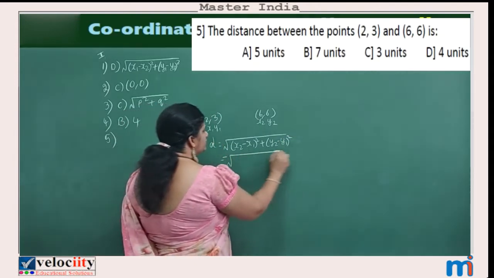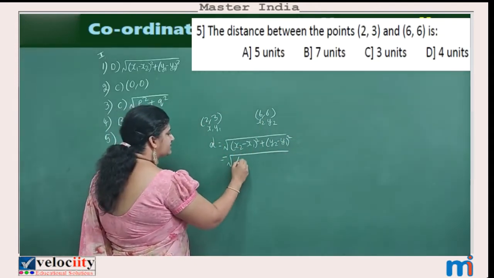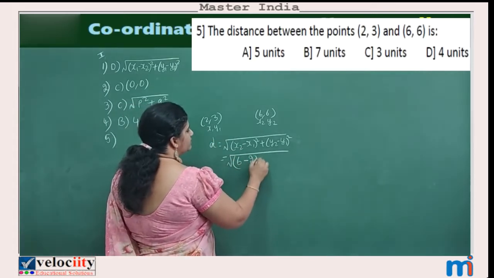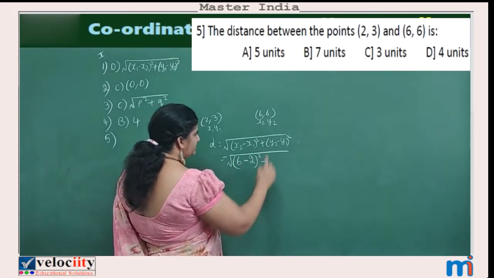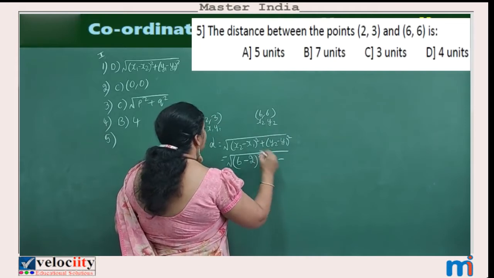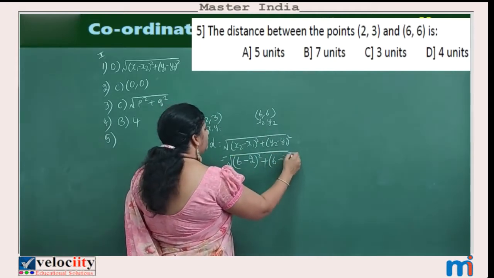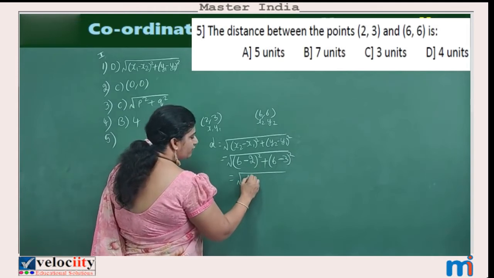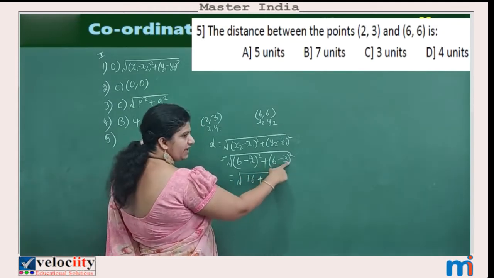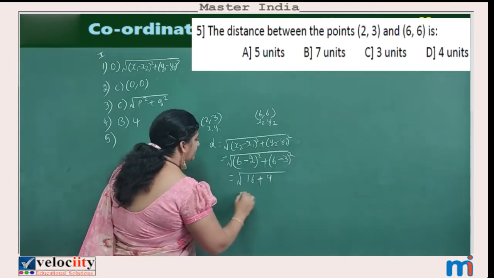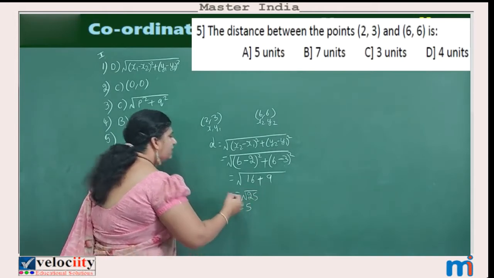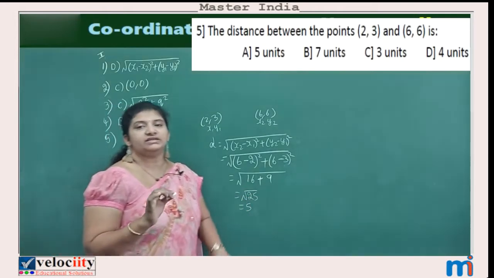That is equal to the square root of (x2 value 6 minus x1 value 2) whole square plus (y2 6, y1 3). 6 minus 2 is 4. 4 whole square, 4 4s are 16. 6 minus 3 will be 3. 3 3s are 9. 16 plus 9 will be 25. Square root of 25 will be 5 units.